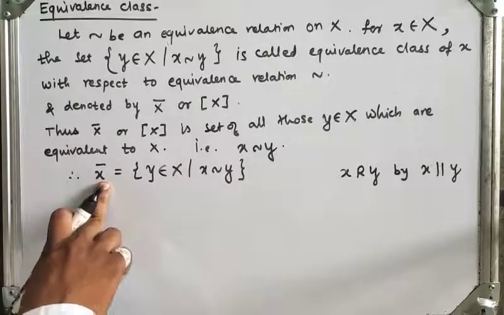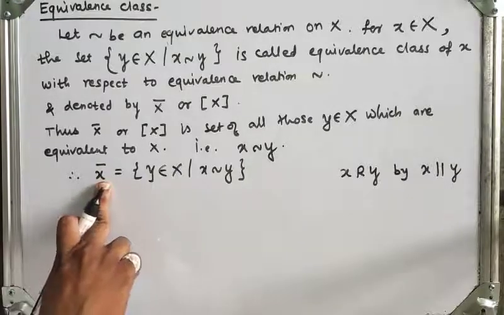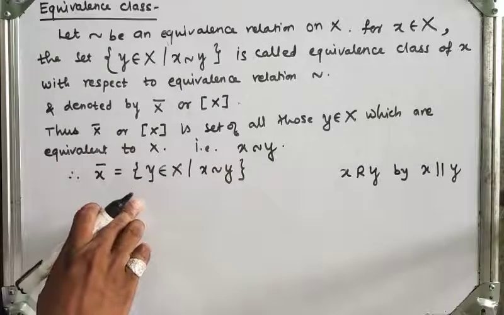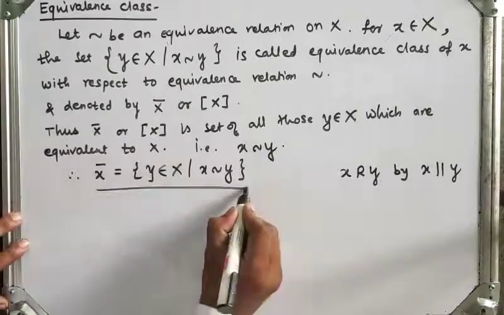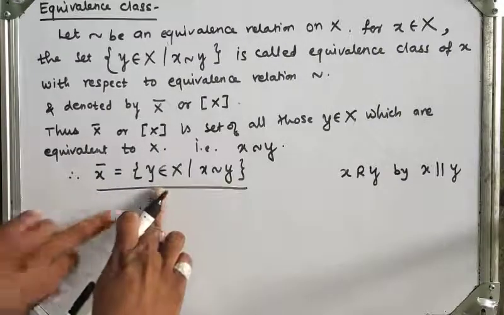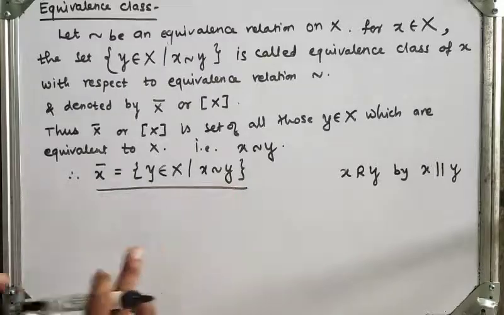This is all the equivalence classes of set X. Now we will take examples. This is the definition for equivalence class: the set of all those y which belong to X such that x is equivalent to y.